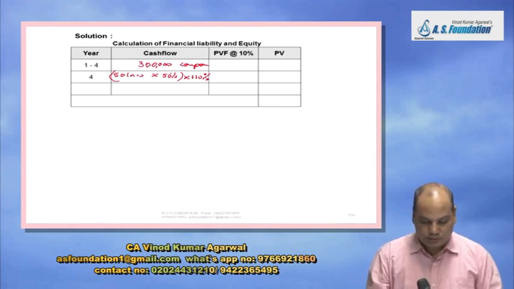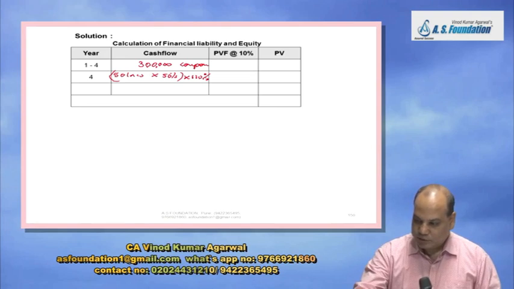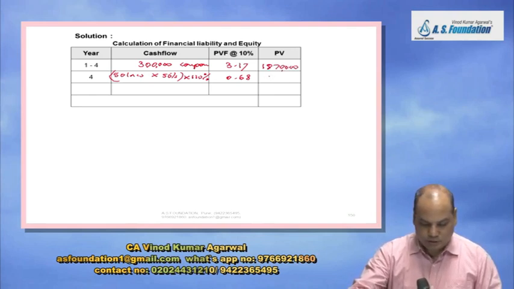So 210%. Discounting factor at 10%, 3.1768. Calculate this. Is it 18,70,000? Yes.